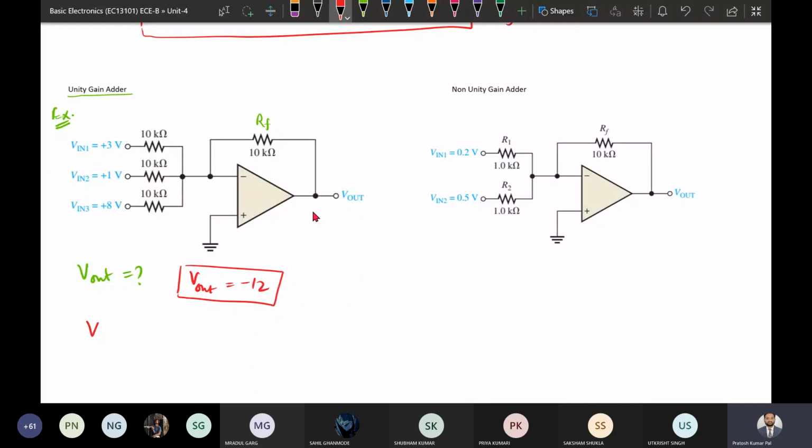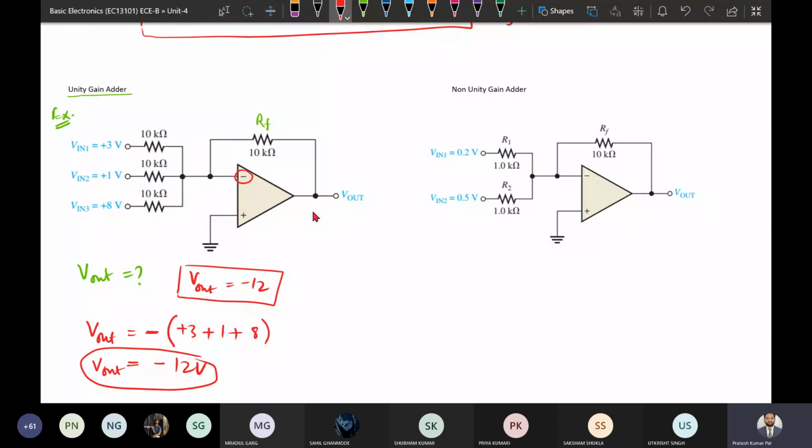That means the V output will be equal to minus, the minus is because of the inverting, so we directly add the inputs: 3 plus 1 plus 8. As RF and R1, R2, R3 are equal, the gain will be unity. So the output is minus 12 volt. This is how we calculate the output: it is the addition of all the inputs with the gain, which is unity.